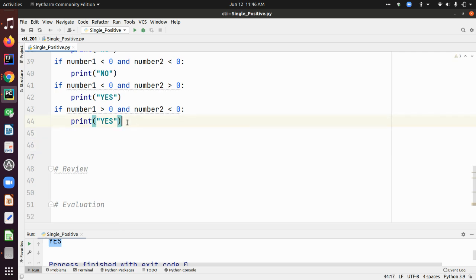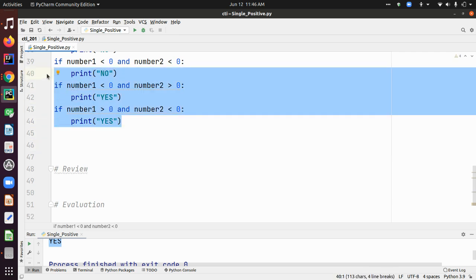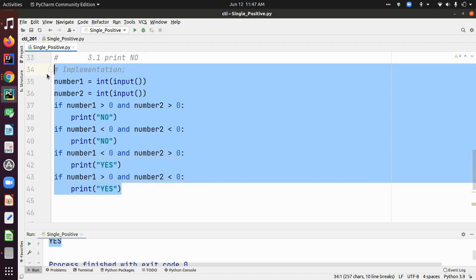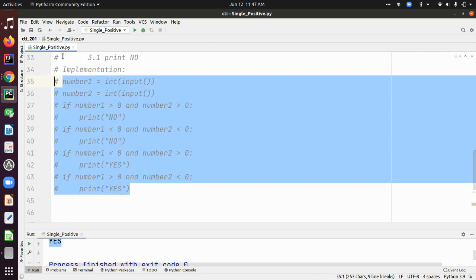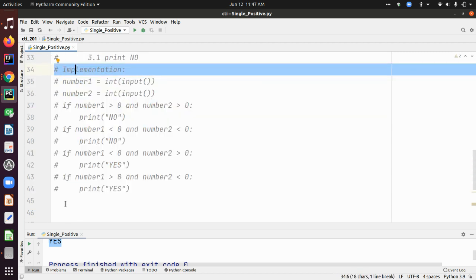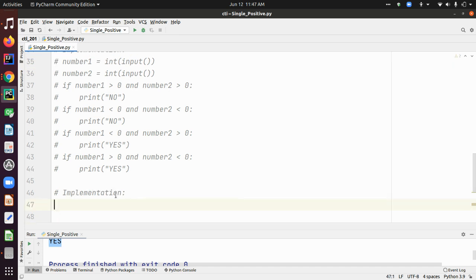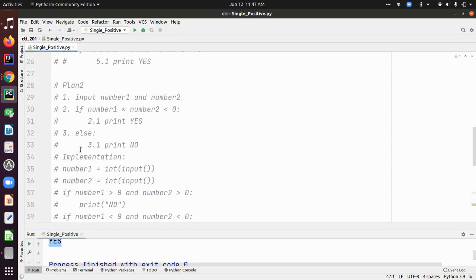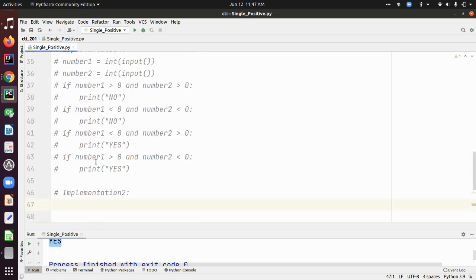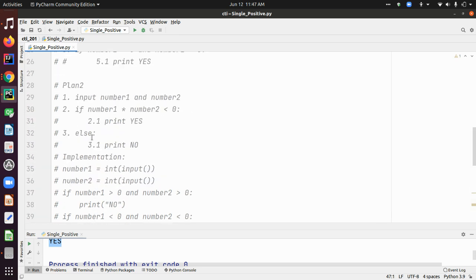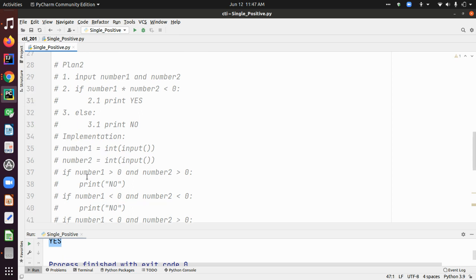So I'm going to block this one, and implementation 2 is going to be much simpler. I have the input line, so let me copy that code.